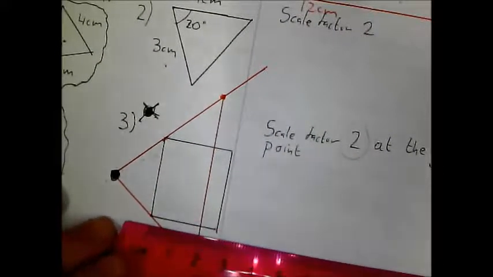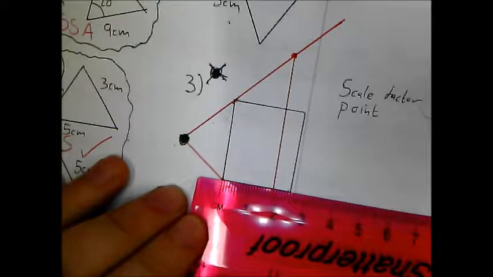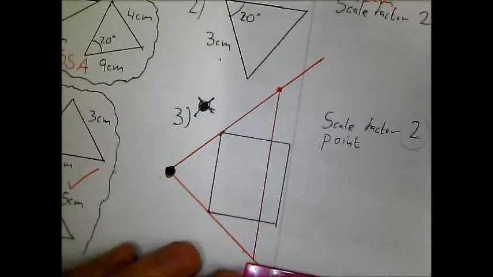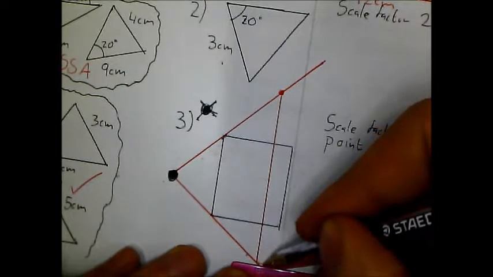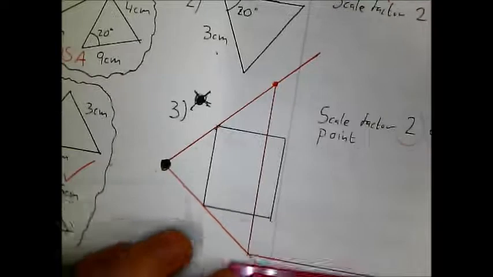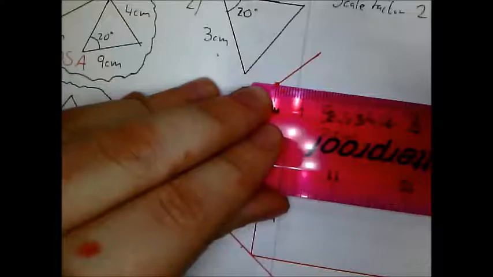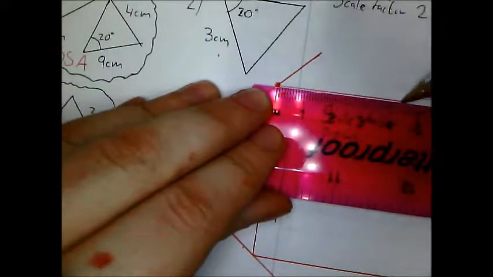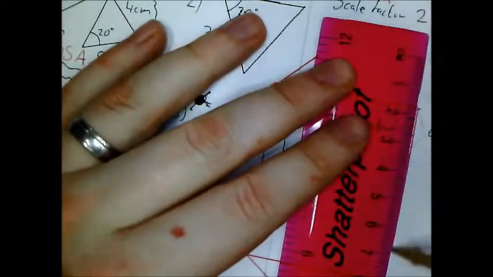I now want to enlarge this part, which is 2.5. So now from this point here, that's going to be multiplied by 2. So that's going to be 5 centimeters. And this is going to be 5 centimeters. And then connect my points together.